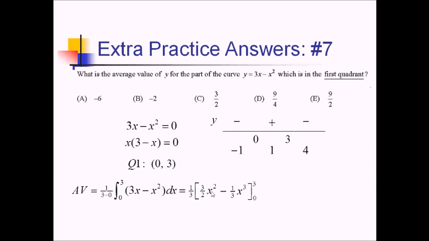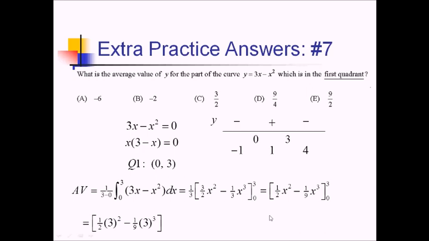And to make my life a little bit easier so that I have less fractions to deal with, I'm actually going to distribute this 1/3 right away. So I'm going to rewrite this as 1/2, because these 3's cancel, 1/2 x squared minus 1/9 x cubed from 0 to 3. All right, now I'm going to take 3 and plug it into these two x's here.